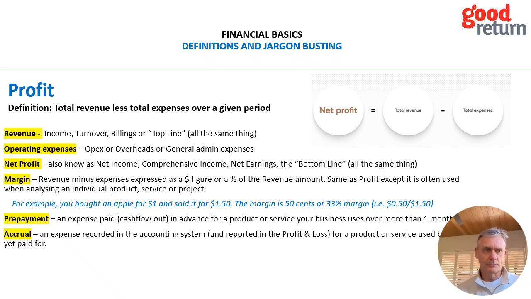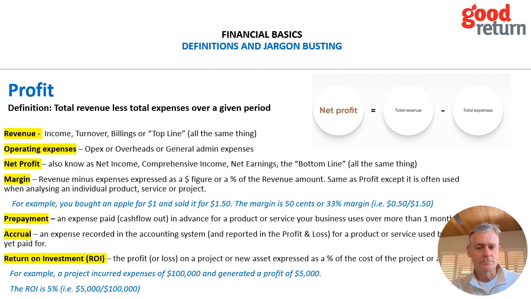So we have an insurance policy that is essentially covering us for accidental loss, and it's a $120,000 premium, but we don't pay it until later in the year. We still have to recognise 1/12 of that annual premium in each month of the calendar year that we use that service. So that's an accrual.